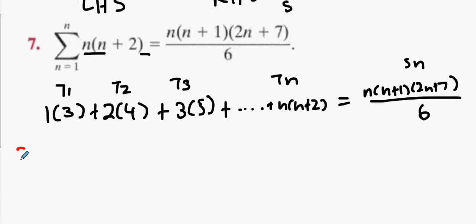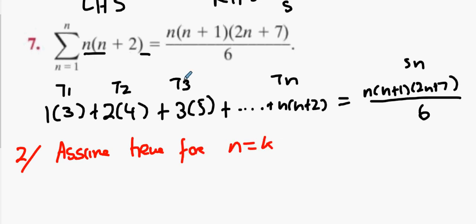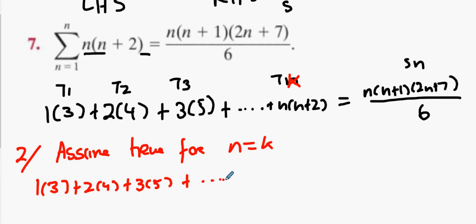Step 2, assume true for n equals k. So rewrite the equation in terms of k. You're going to look for tk, not tn this time. So it's 1 times 3 plus 2 times 4 plus 3 times 5 plus dot dot dot plus k times k plus 2.